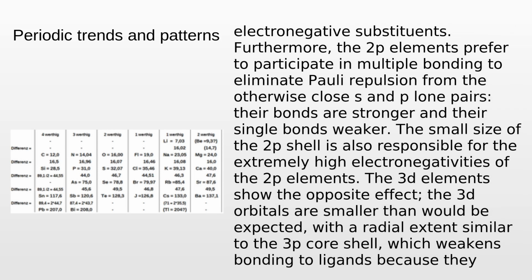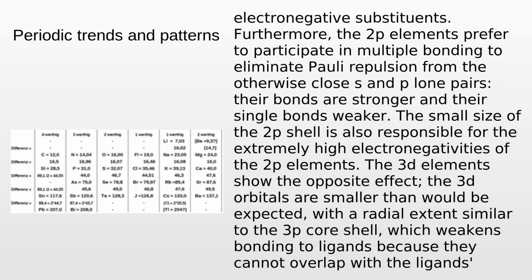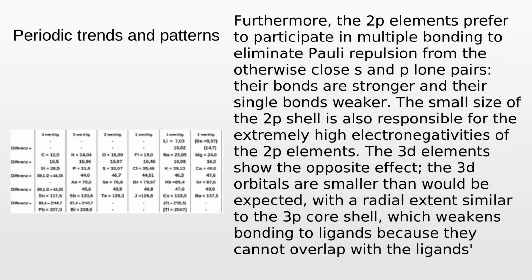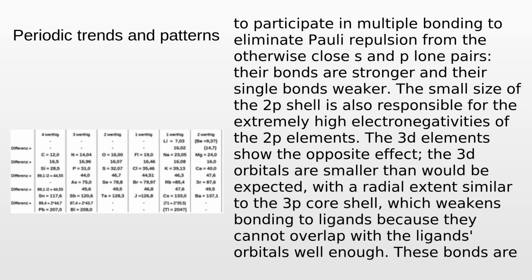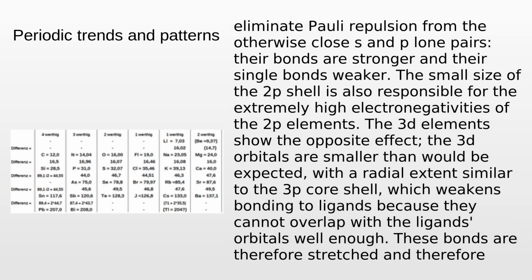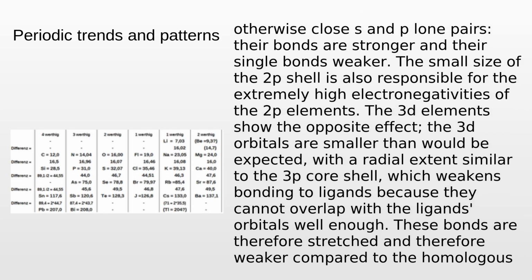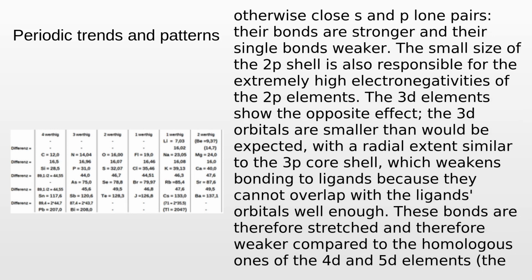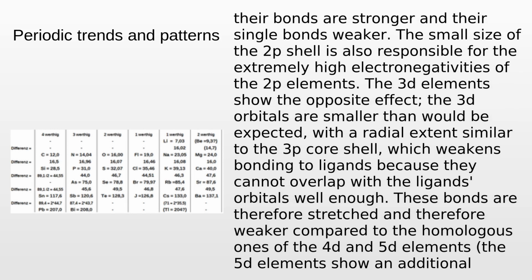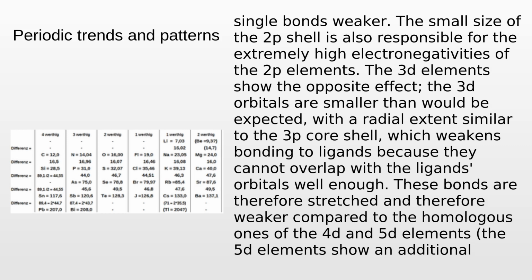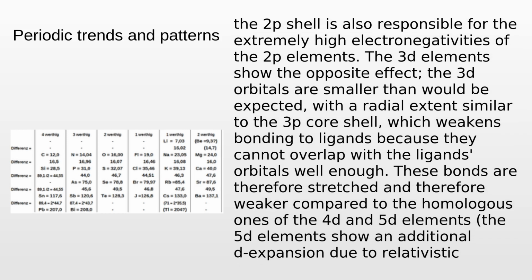Furthermore, the 2p elements prefer to participate in multiple bonding to eliminate Pauli repulsion from their otherwise close s and p lone pairs. Their multiple bonds are stronger and their single bonds weaker. The small size of the 2p shell is also responsible for the extremely high electronegativities of the 2p elements.